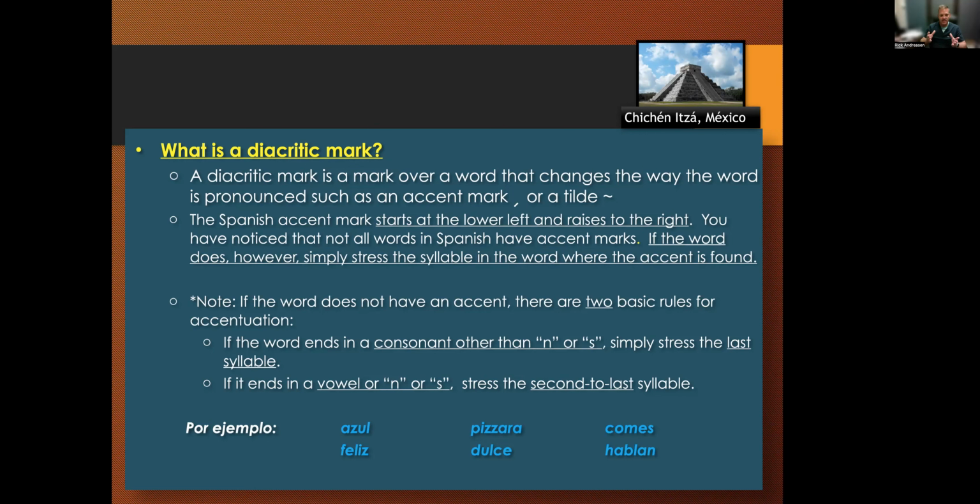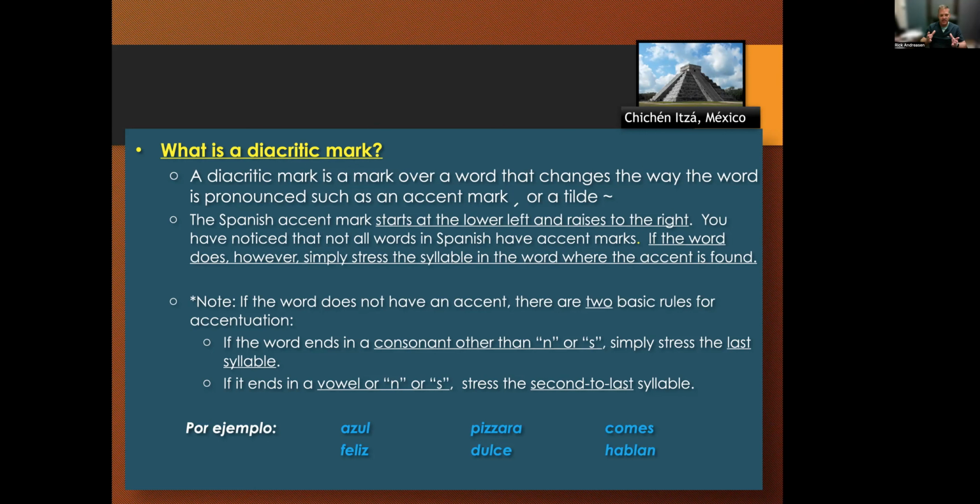Pizarra ends in a vowel, so the accent goes on the second to the last syllable, which in this case is the middle syllable. Dulce ends in a vowel, so the accent goes on the second to the last syllable. Comes ends in an S, so the accent goes on the second to the last syllable. Hablan ends in an N, so the accent goes on the second to the last syllable.